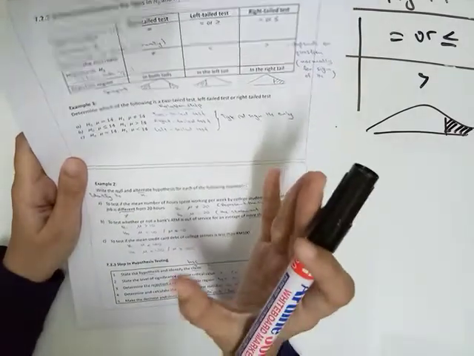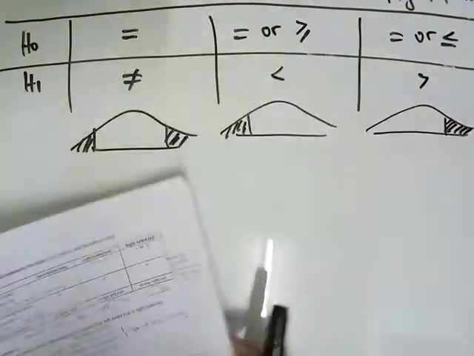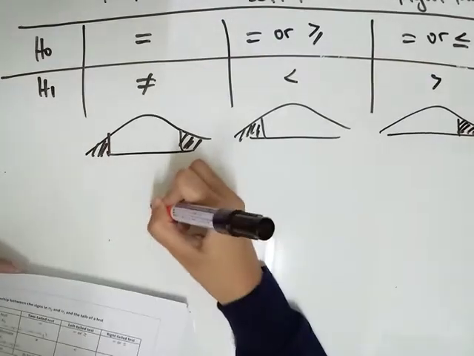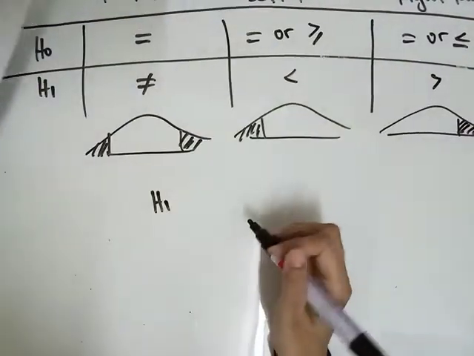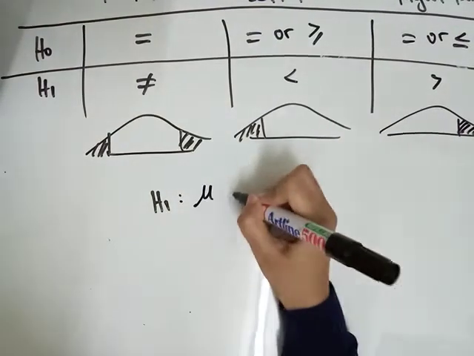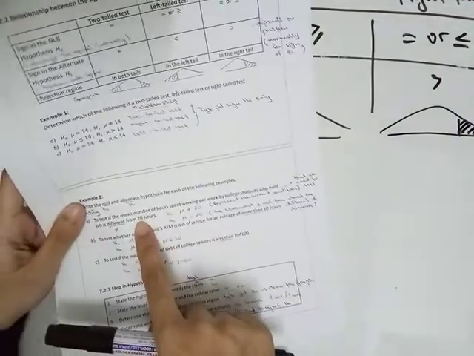Is different, right? That is the hint that we need to test H1. Is different means it is not equal. So we let H1 mean not equal 20 hours.